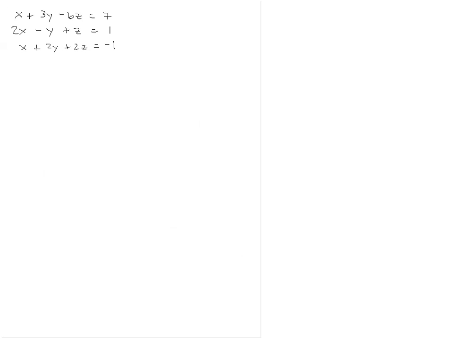All right, first thing I'm going to do is look at these two. How can I eliminate the x? Well, if I multiply by negative 2 and add those two together, I will eliminate the x. Because what do I get here? I get negative 2x, negative 6y, positive 12z, and negative 14.